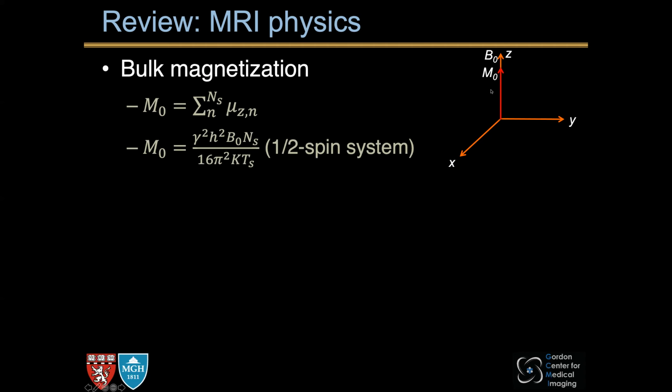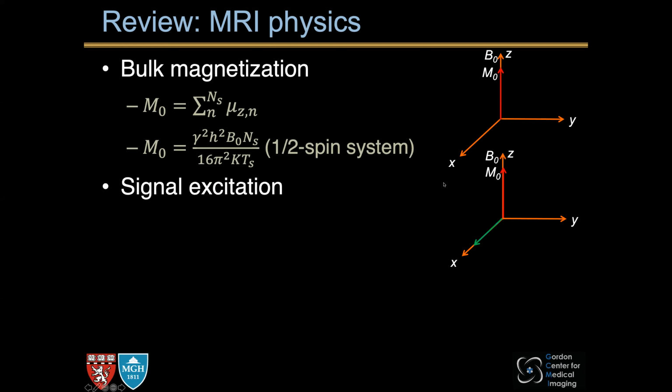So what we do is get help from another magnetic field to excite the NMR signal. This is a time-varying magnetic field applied in the transversal plane, and we call it the RF field or radio frequency field, because the frequency of this field is usually in the range of FM radios.